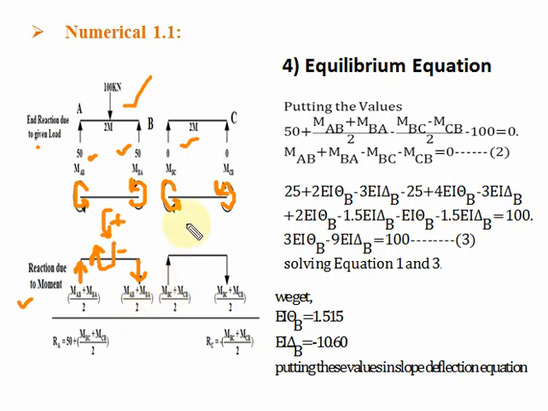In a similar fashion for BC, MBC plus MCB divided by 2, and at the far end again MBC plus MCB divided by 2. Now the net reaction at A is 50 plus MAB plus MBA divided by 2, and at C it is 0 plus MBC plus MCB divided by 2. So we have reactions RA and RC in terms of end moments. Let's put these in the shear equilibrium equation.